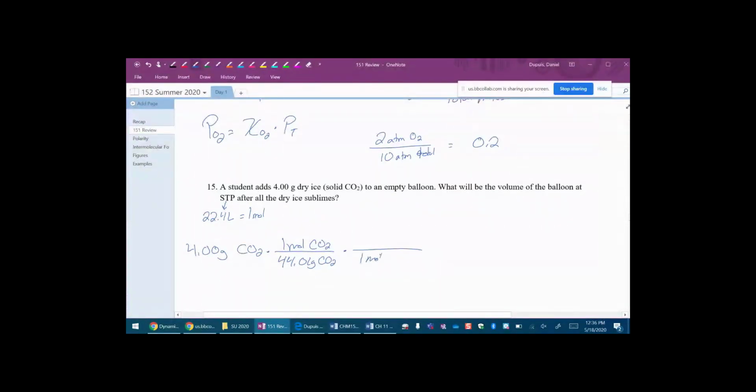And 1 mole of CO2 is 22.4 liters at STP. Let's see. 4 divided by 44.01 times 22.4 is 2.04 liters. There you go.